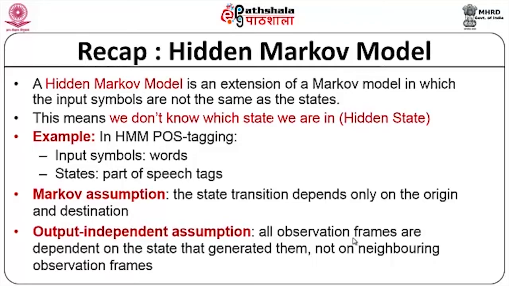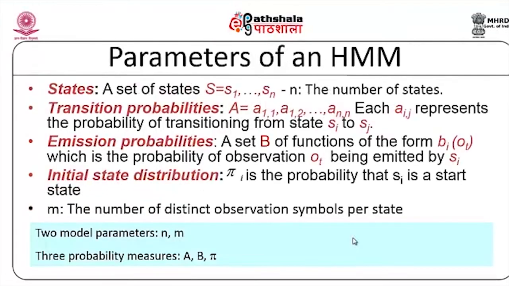It is not based on what was previously observed or on what the neighboring states gave. So, these are some assumptions we make if we have to model any problem using hidden Markov model. In this particular module, we are more bothered about how we decide on the parameters of HMM.